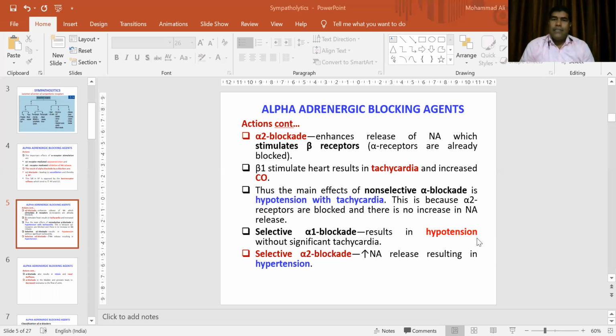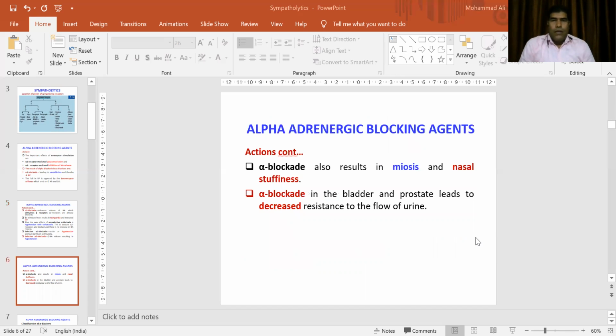Because as the release of noradrenaline increases, vasoconstriction increases. Ultimately, blood pressure will get high. Alpha blockade also results in miosis as well as nasal stuffiness. Alpha blockade in the bladder and prostate leads to decreased resistance to the flow of urine.